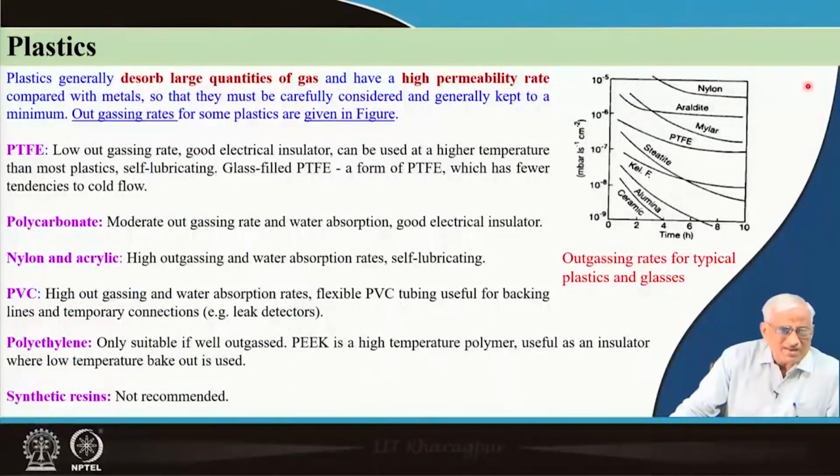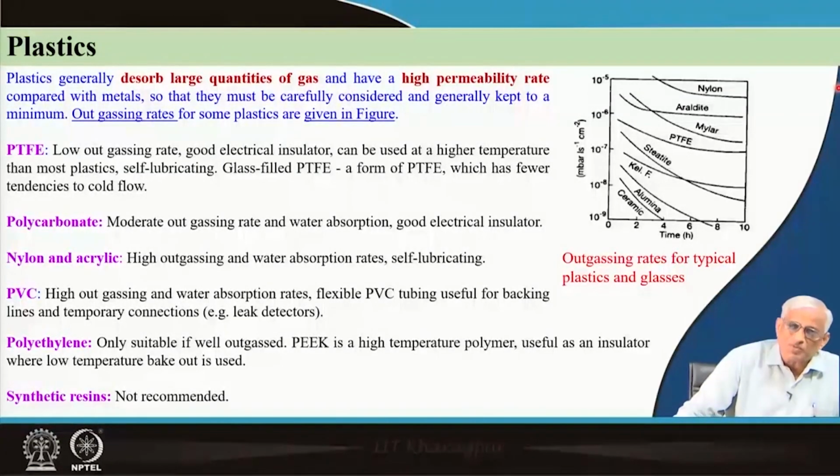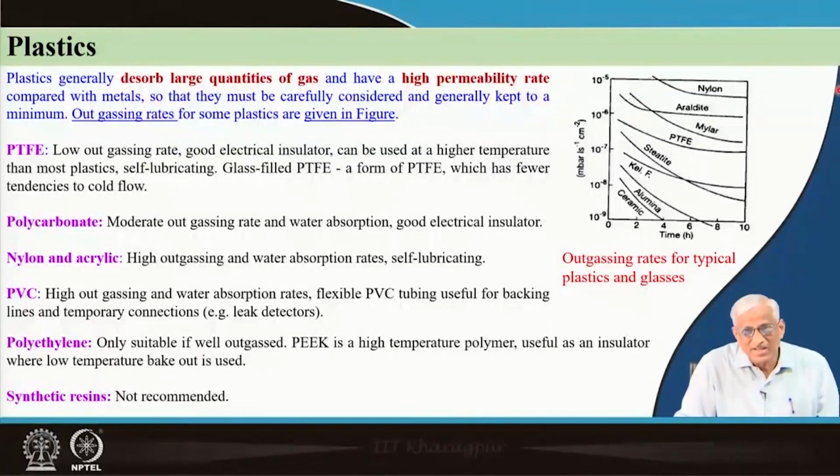Plastics are not really being used much in vacuum technology, but in rough vacuum up to 1 torr, 10 power minus 1 torr, you can use plastic bottles, because there are large scale applications of vacuum technology in relatively poor vacuum, medium vacuum, etc. We have to handle distillation, chemical, pharmaceutical applications, etc. There the vacuum level is not much, but chamber sizes are big, flexibility is required, and later you have to put it in some containers.